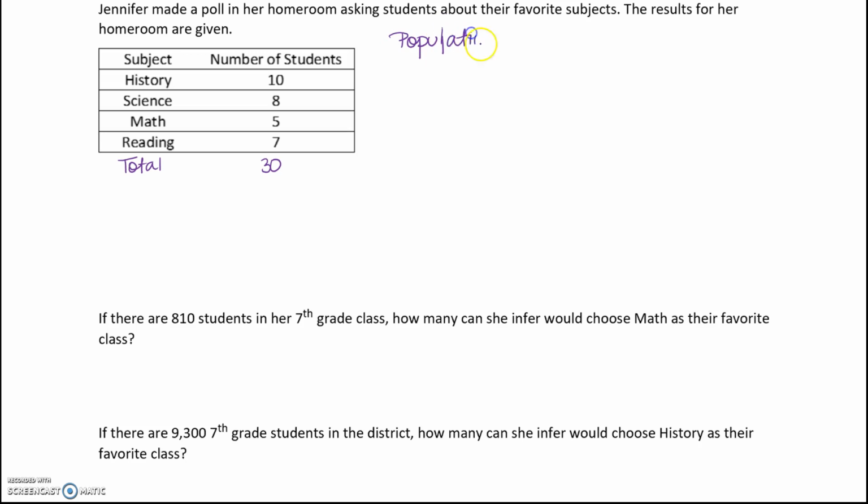So population or sample. Let's look down here. It says there are 810 students in her 7th grade class. That tells me that is the population. So the population is the 810 in her 7th grade class. And then her random sample was the 30 students in homeroom.